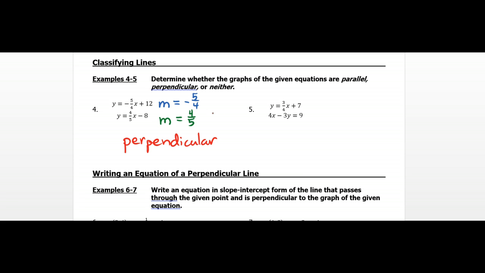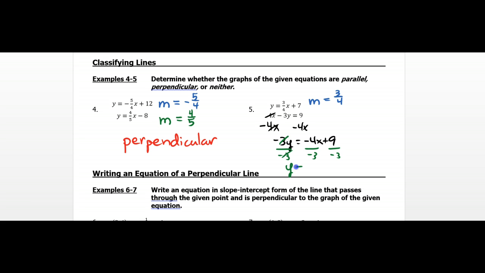For number 5, I'm given an equation y equals 3/4 x plus 7. So I know that slope is 3/4. The second equation is given in standard form, so before I find the slope, I'm going to change this to slope-intercept form. I'm going to subtract that 4x from both sides. That gives me -3y equals -4x plus 9, and then divide both sides by -3.